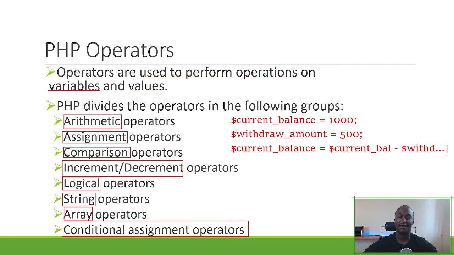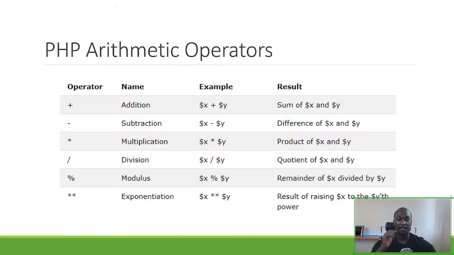What we're calling an operator in this particular example is this minus. It's performing a mathematical operation on these two variables, and that is why it's called an arithmetic operator. This is just an example of how we can use an operator in PHP to perform operations on variables.